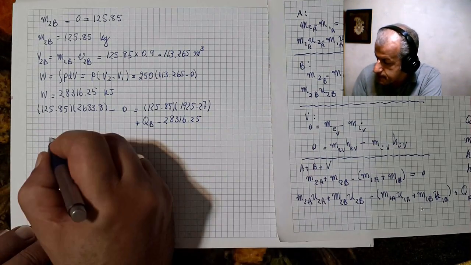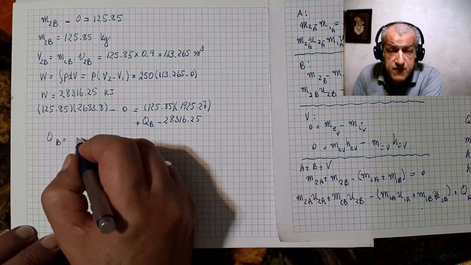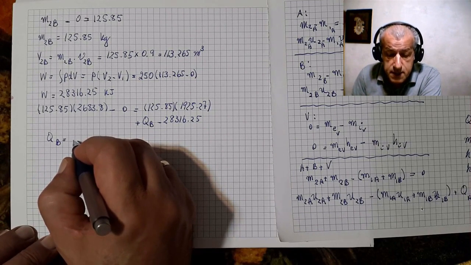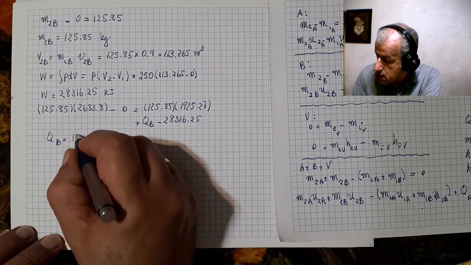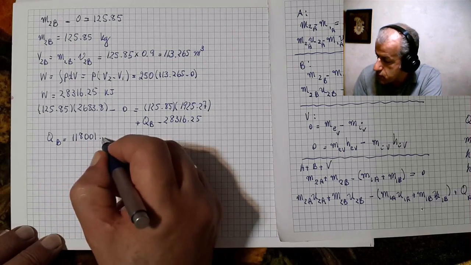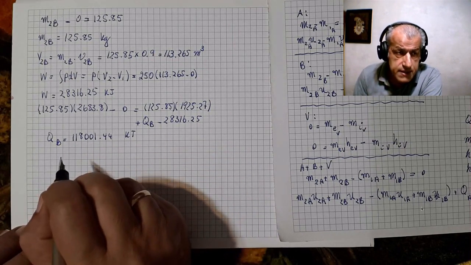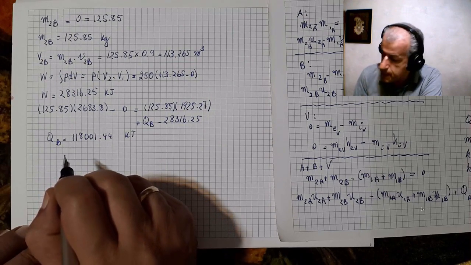This equation gives us the heat transfer required to keep the temperature at B constant at 22 degrees C, and QB would be 118,001.44 kilojoules. This is the heat transfer at B.